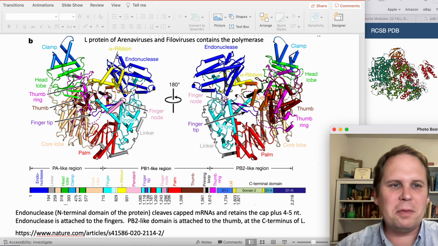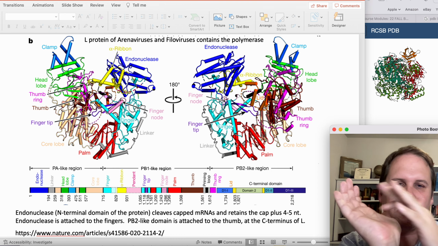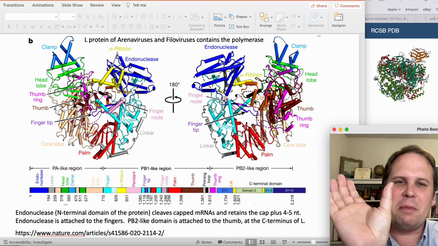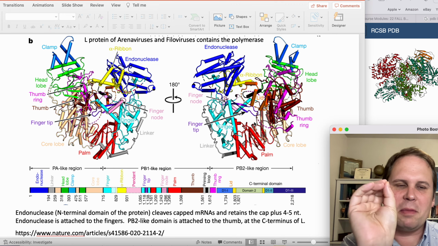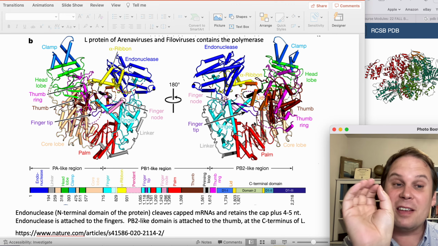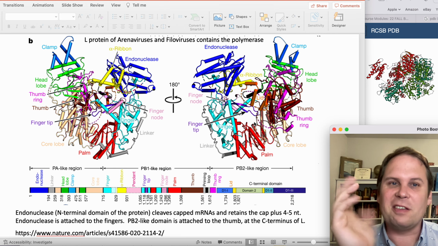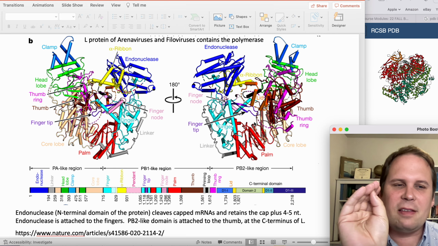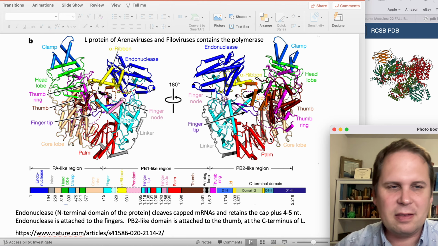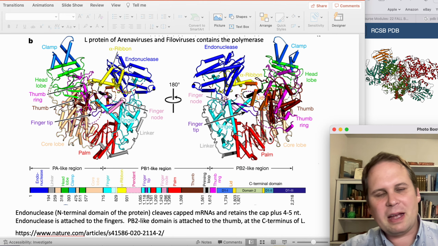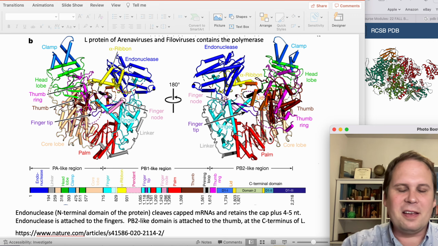Then you've got a palm domain. That's where the catalytic site of the polymerase is. Then you've got a thumb domain, which is this gigantic brown thing. Presumably the polymerase opens and shuts, just like normal. And then sitting on top of the thumb, you've got this extra region, which has the PB2-like cap binding machinery. There you go.